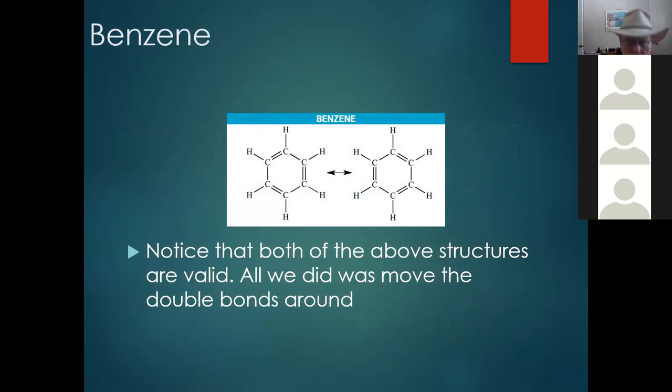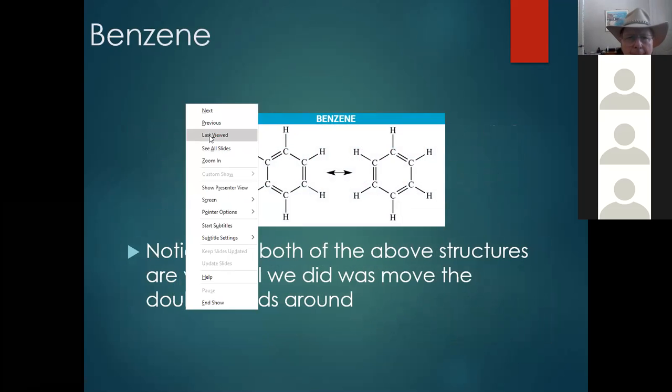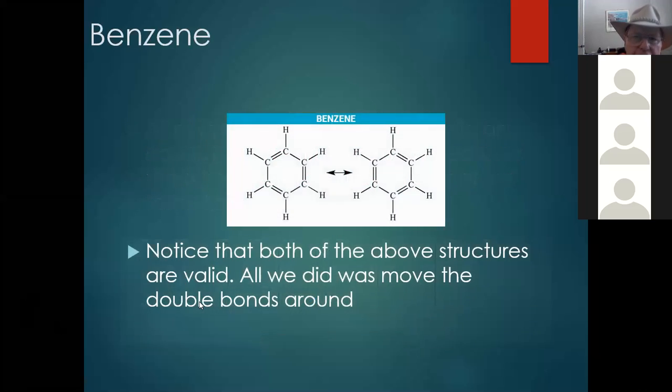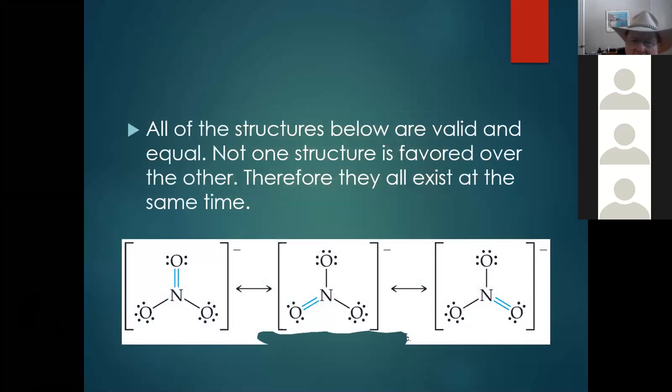So the electrons can be in a cloud over here, can be in a cloud over here, can be in a cloud over here. And those electrons constantly move around so that I have a spreading out of the electron density over the entire molecule. Does that make sense to you, Gabe?